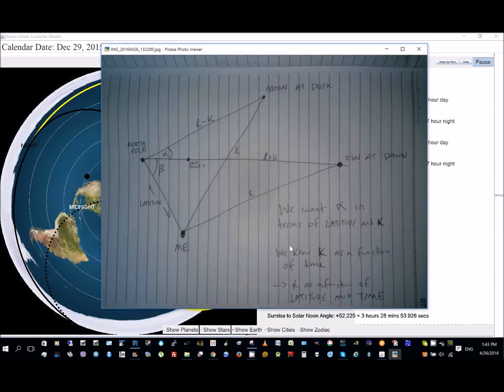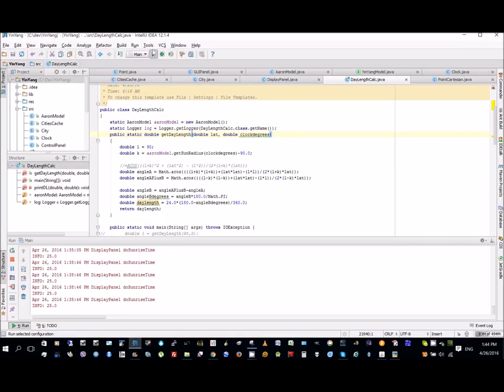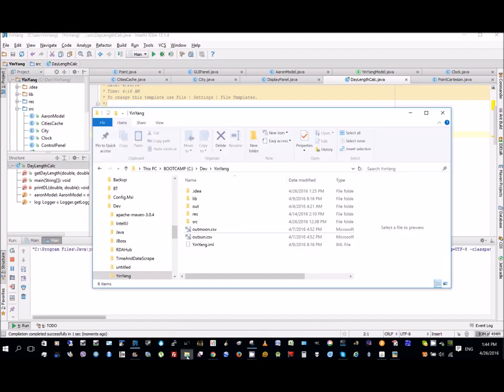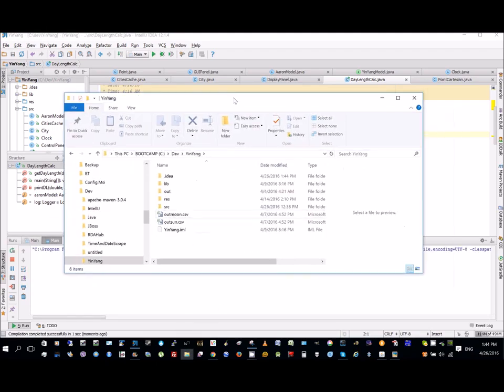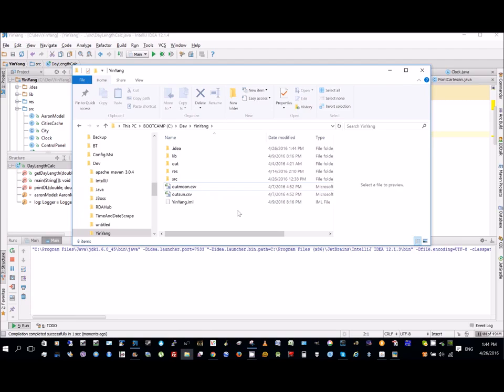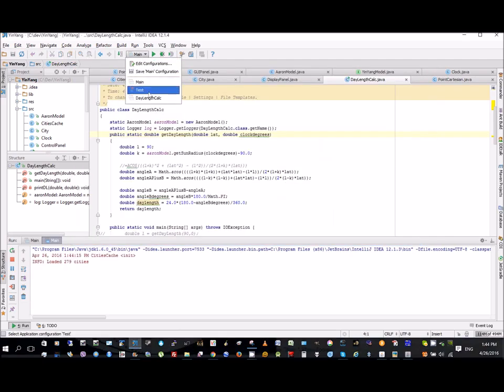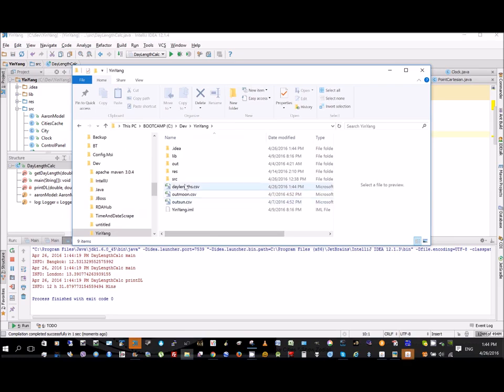Okay, so we have the day length as a function of latitude and date. So what I did is I wrote a program to implement this, and this program, which will just run, produces a CSV file. The program is just going to produce, here we are, a list of day lengths.